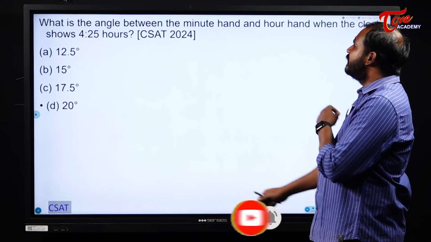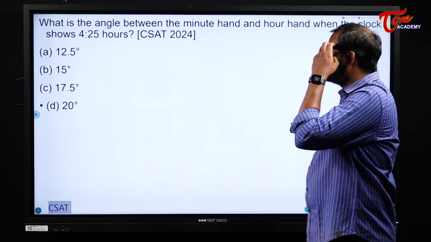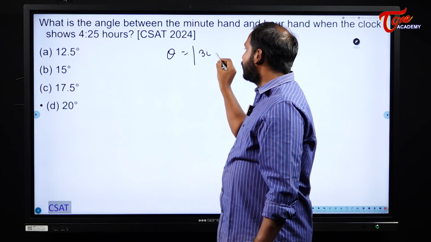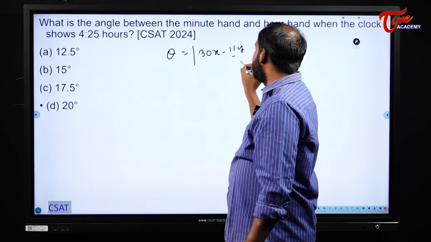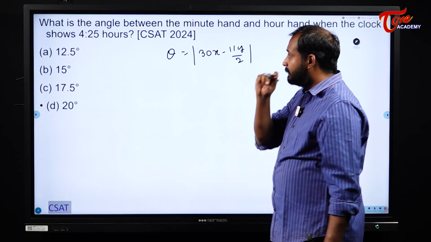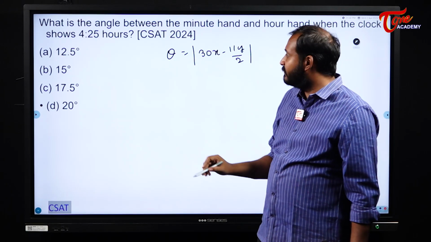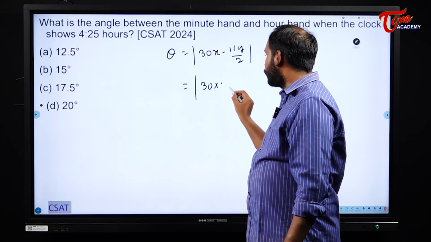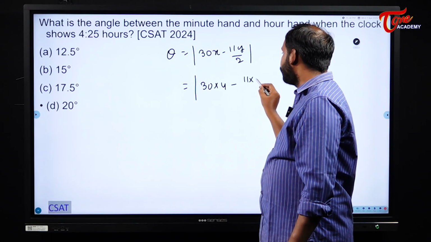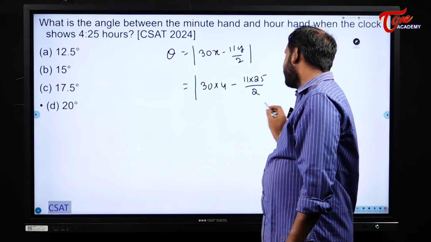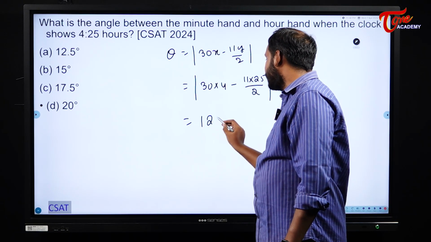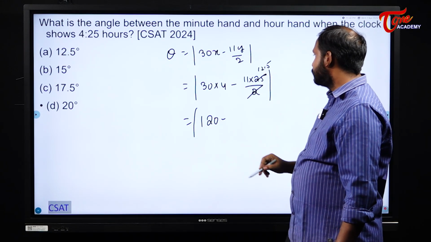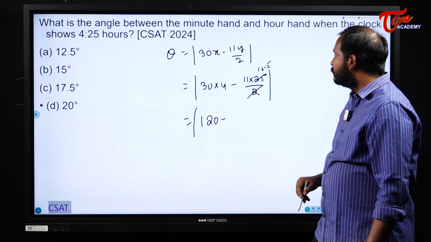Next one. What is the angle between the minute hand and hour hand when the clock shows 4:25 hours? We know that theta is equal to modulus of 30x minus 11y by 2. Okay. So 4:25 means what? 30 into 4 minus 11 into 25 by 2. So 3 4s are 120 minus 2 ones to 12.5s. 12.5 into 11.